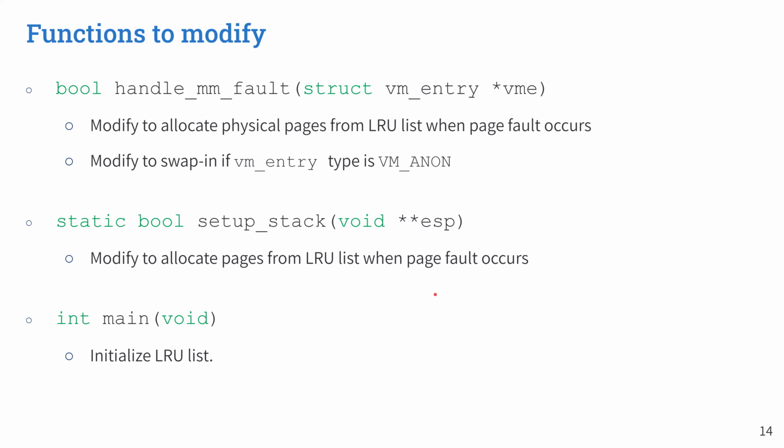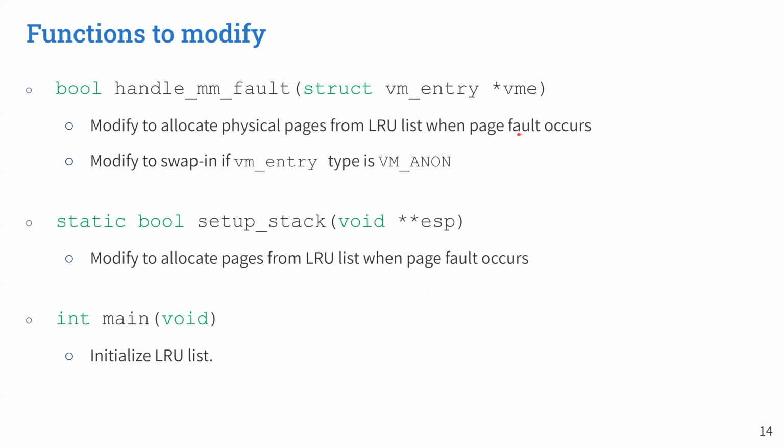These are the functions you should modify in the swapping section. First is handle the page fault. You should modify the function to allocate physical pages from your array list when the page fault occurs.